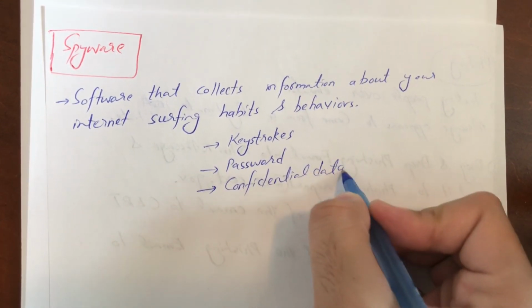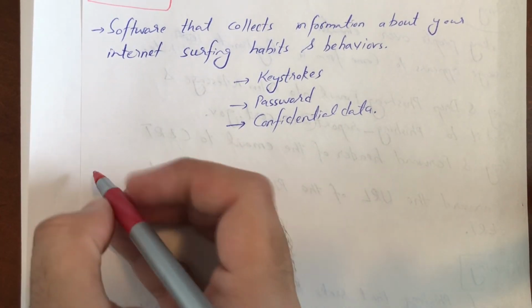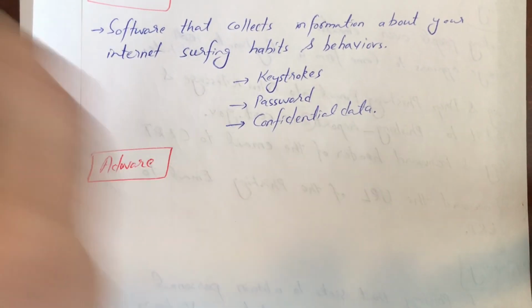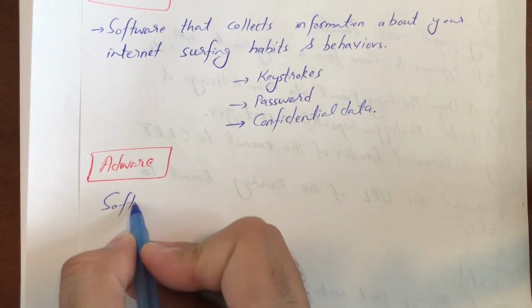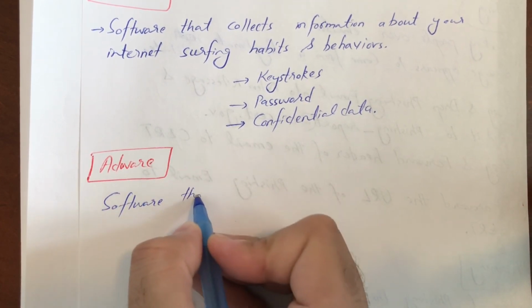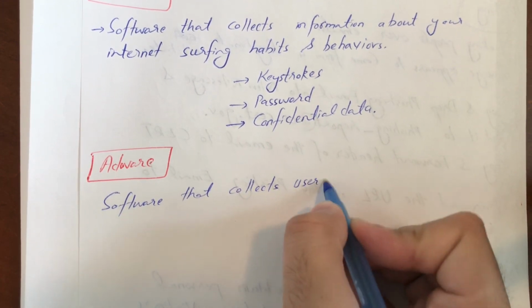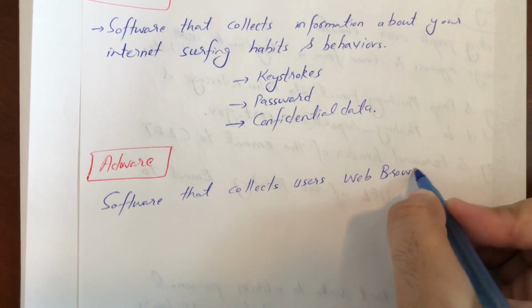The last thing for today is adware, which is also known as advertisement software. Adware is basically software that collects users' web browser history.